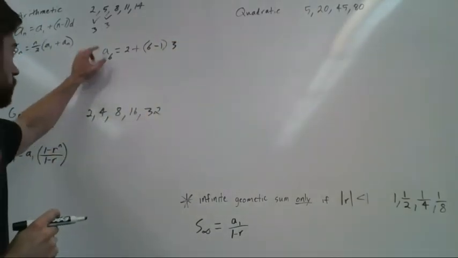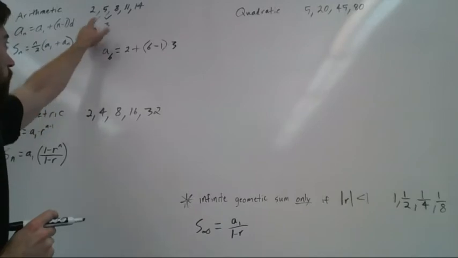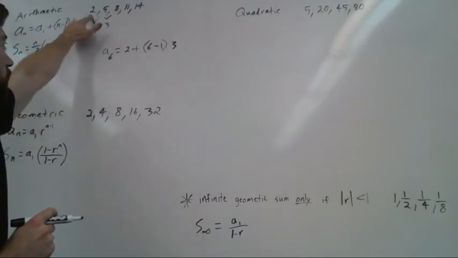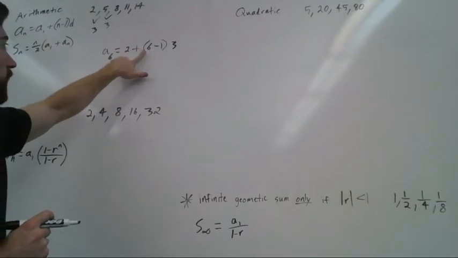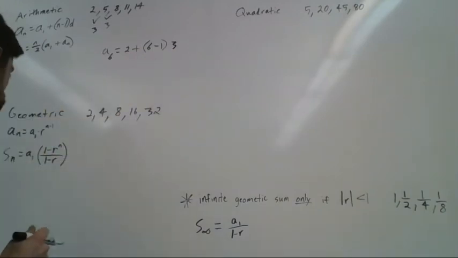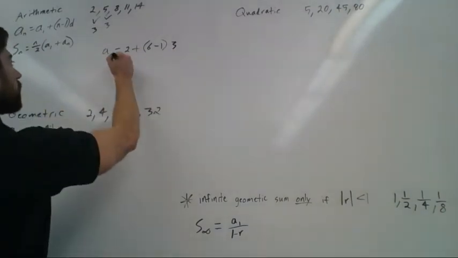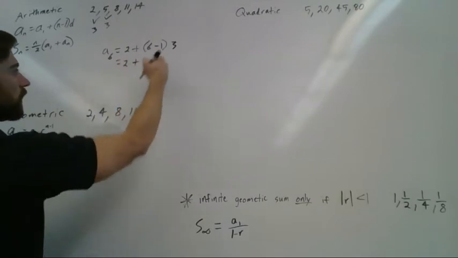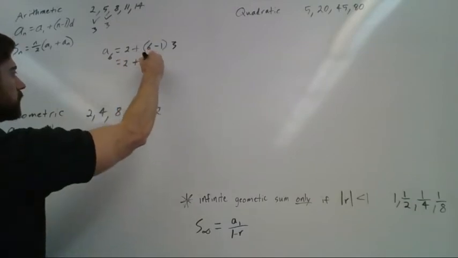We only have the first 5 listed. 2 is the initial value. Again, that n and that n will be the same. It'll be 6 minus 1 times the common difference. And we find that that is 2 plus 6 minus 1 is 5, times 3 is 15.